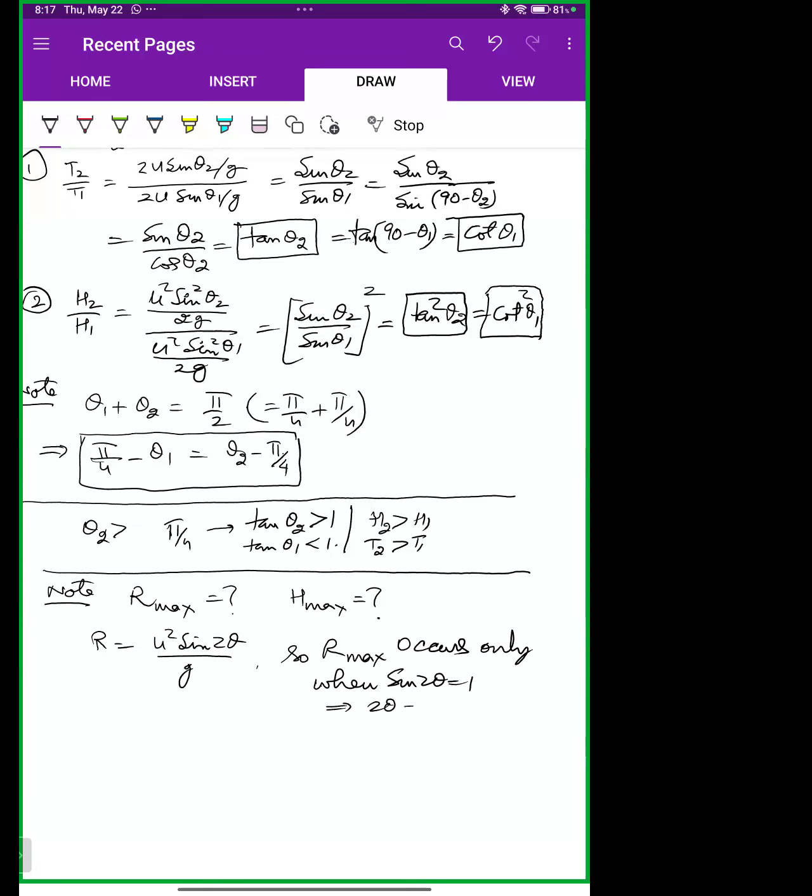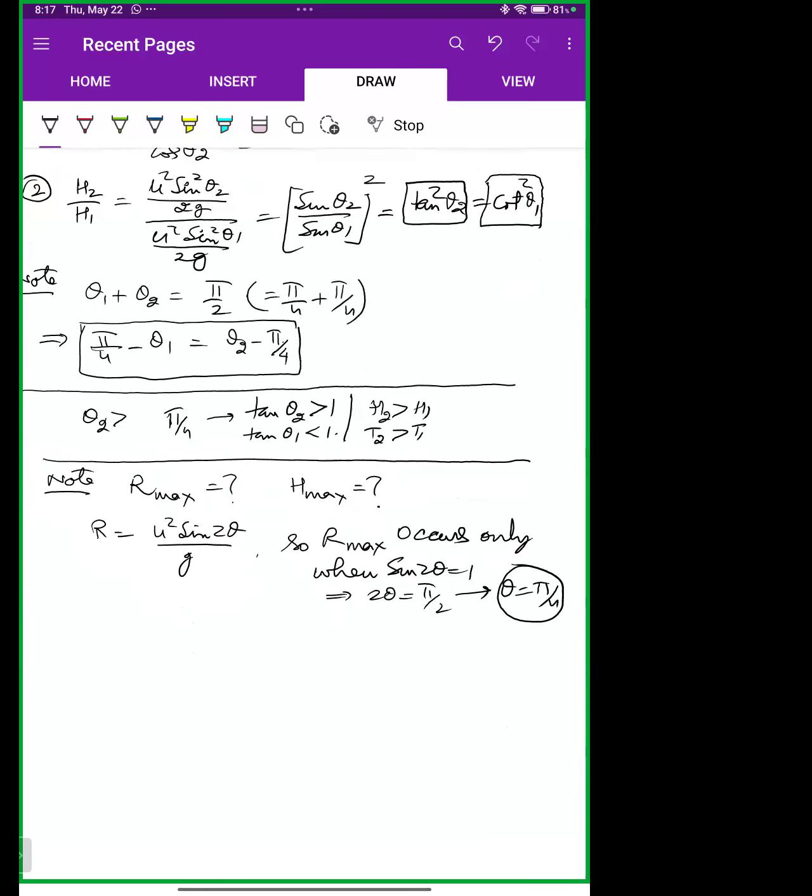That means 2 theta is equal to pi by 2, theta is equal to pi by 4. So R max is U square upon G when theta is pi by 4. Okay, so the first thing is that.